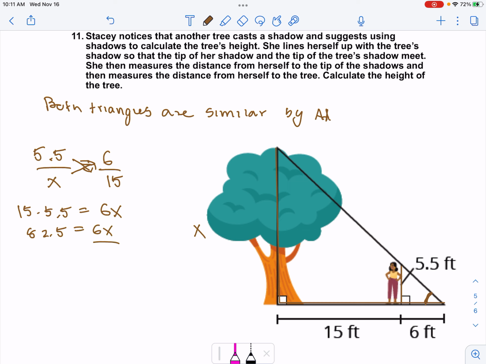If I divide that by 6, then I get 82.5 divided by 6 is 13.75. All right, and we're done.